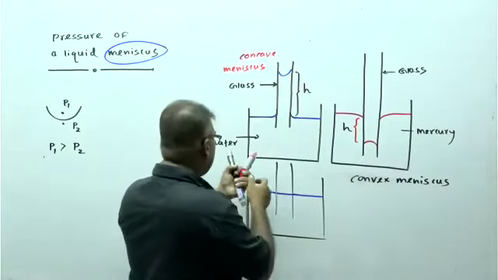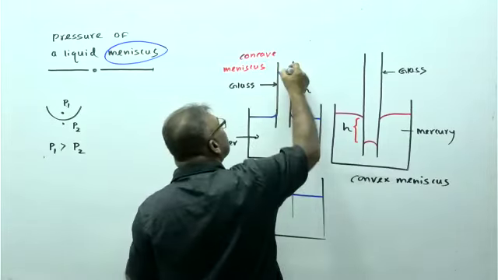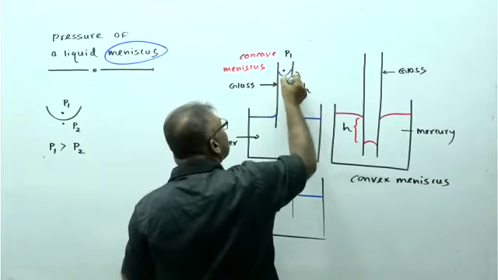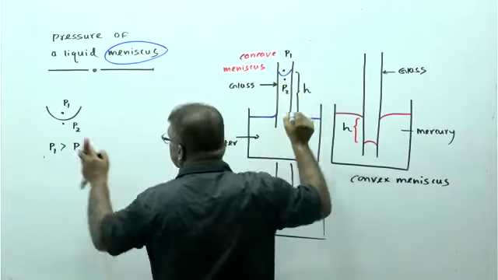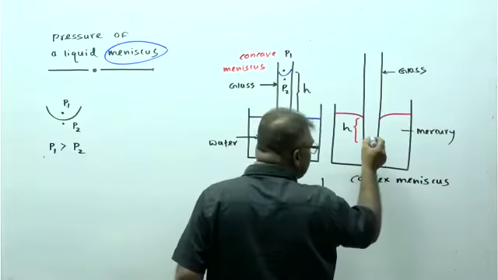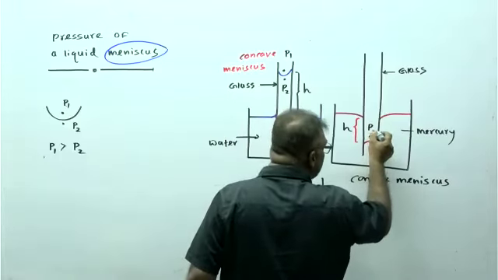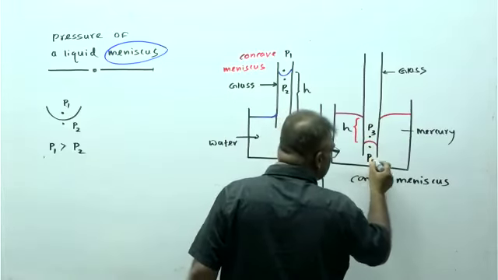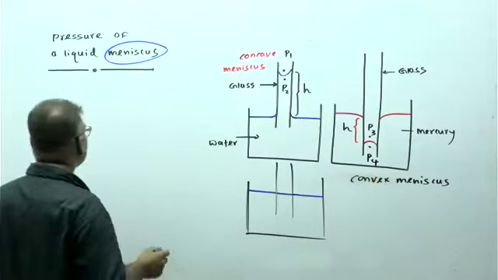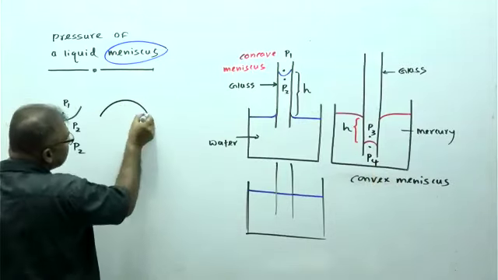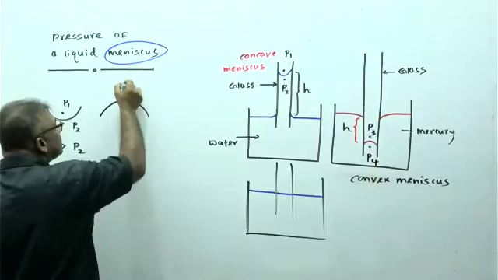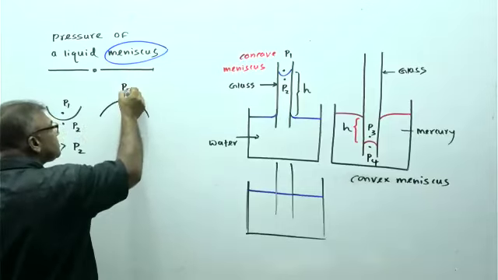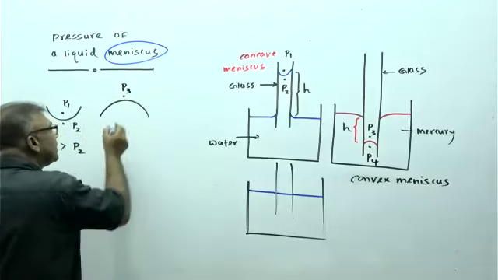If we mark it here, it will be easy for you to identify. P1 here, P2 same as this. Here I will take P3, here P4, right? Now tell me, we have the other meniscus like this. Here, above the meniscus, pressure P3 at this point.